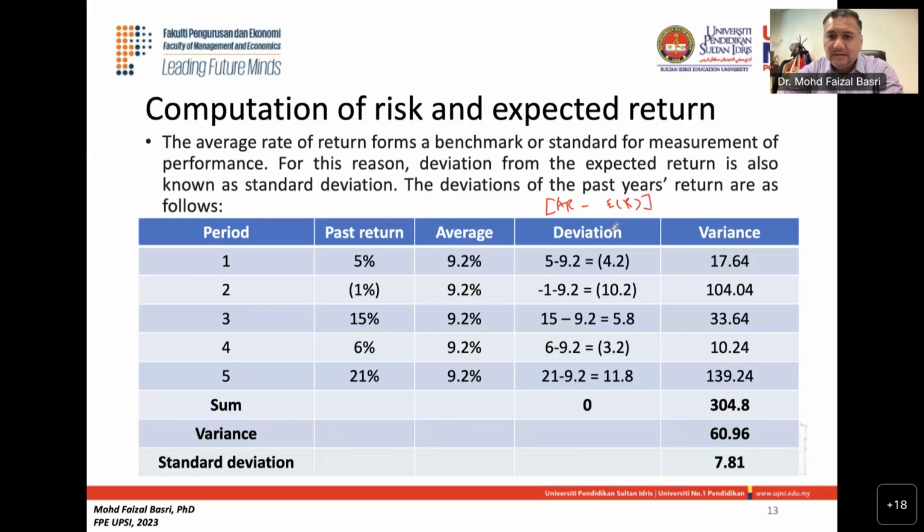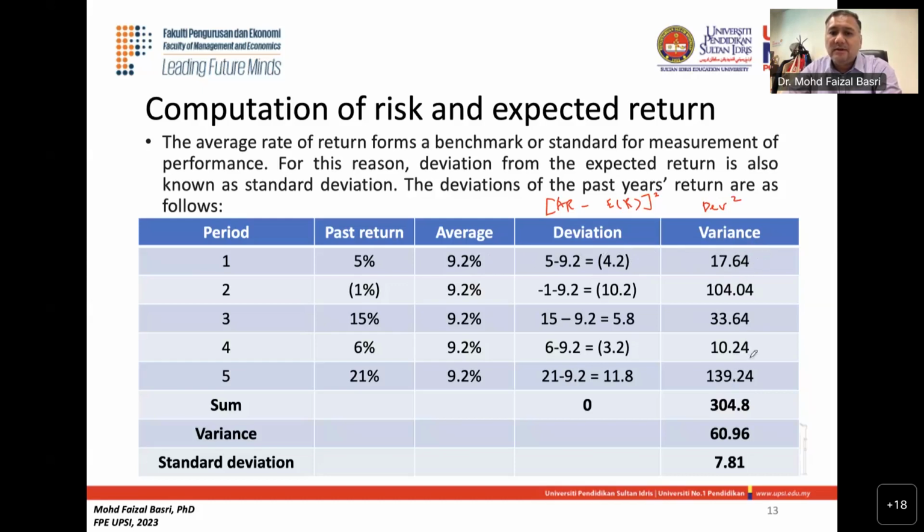So this bracket, deviation, is simply the difference between these two. And you recall, in order to get the variance, we need to square the deviation. So if you take your calculator and put negative 4.2, then you square it. All the negative values will be removed, because when we square negative numbers, our variance will be positive.